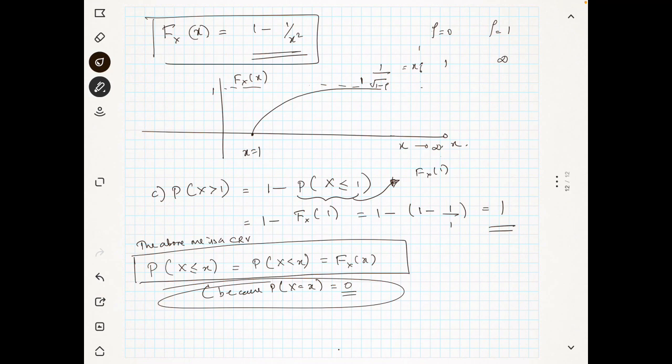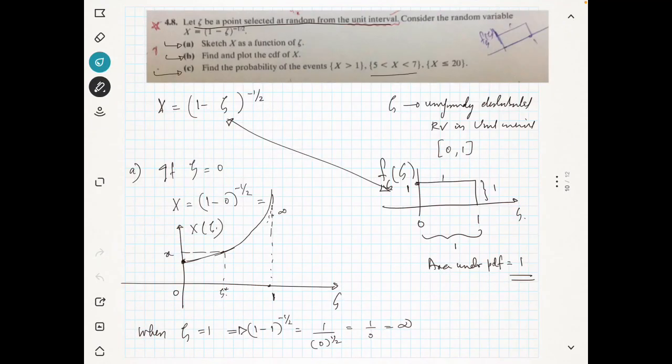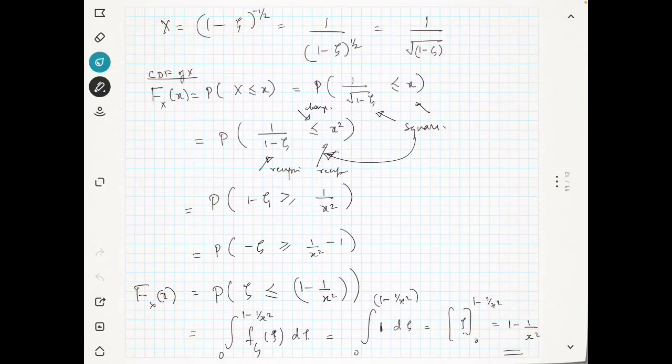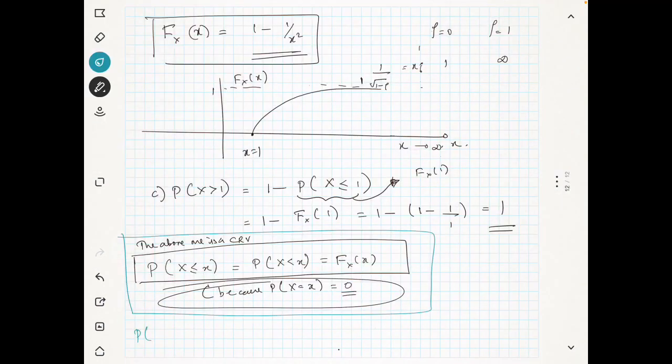That is the notion that you have to remember. So this is a very important concept. According to the problem, we have to find the probability that x takes a value between 5 and 7.